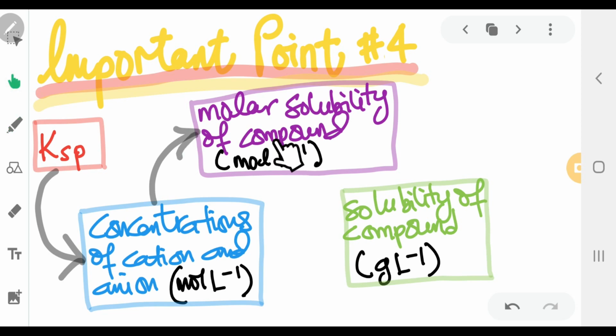And from the molar solubility, we should be able to work out the solubility of the compounds. Remember, molar solubility is mole per liter and solubility is gram per liter. Different ways of expressing solubility in solubility equilibria.